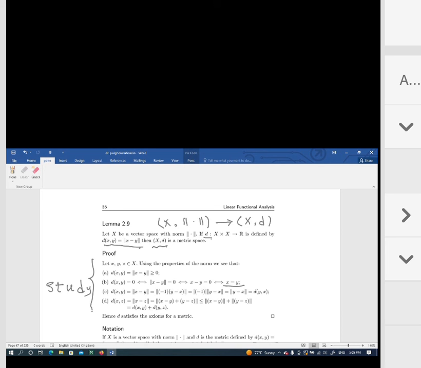The first property, A: d(x, y) equals the norm of x minus y, so it is non-negative.